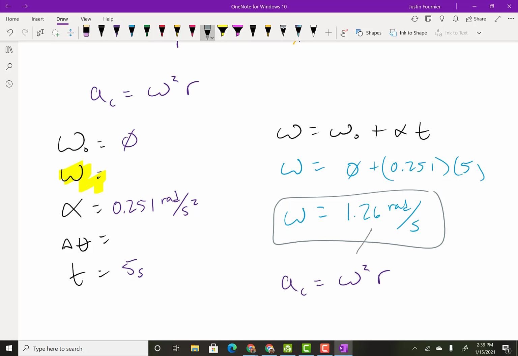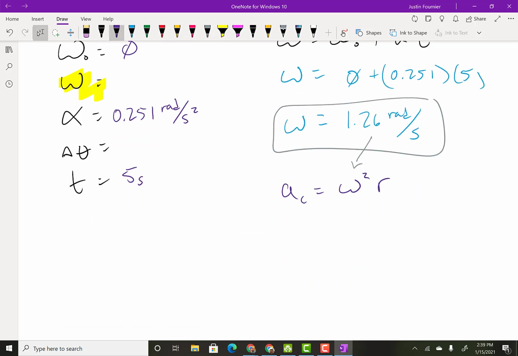Again, r is 3, so my centripetal acceleration now is 1.26 squared times 3, which is 4.73. So my centripetal acceleration is 4.73 meters per second squared.